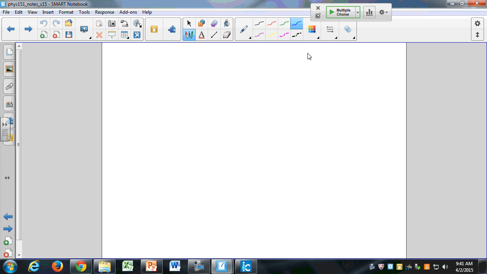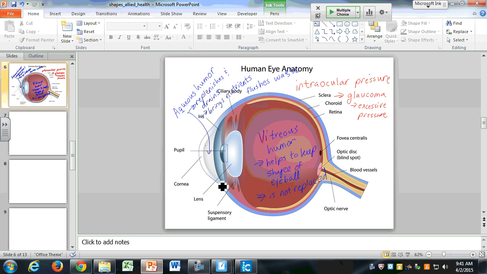Let me just go back and clarify that. The aqueous humor is actually located, where was it? Like right in this area. Just know that the vitreous humor keeps the shape of the eyeball, and then the aqueous humor is up around the lid, and then it drains and is replenished, bringing nutrients to that part of the eye.